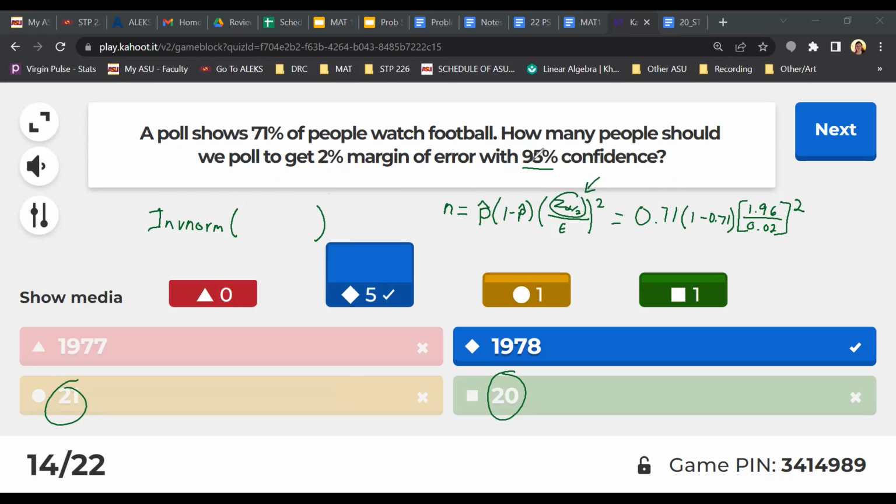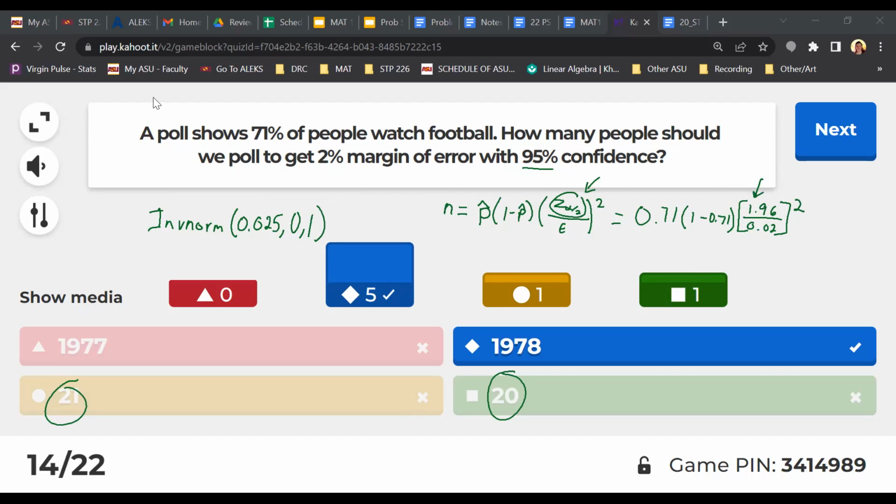So 5% would be our alpha, and half of that would be 2.5%. So I'm going to put that. And then we're looking for a z-score. I put my average as 0 and my standard deviation as 1. If I run that, it gives me 1.96. Great question.